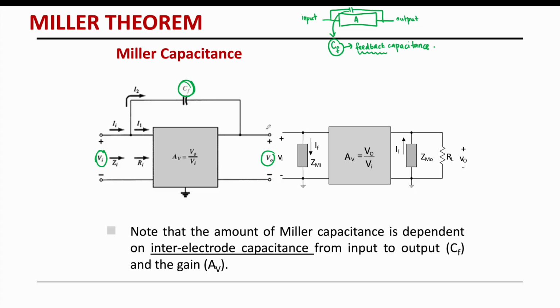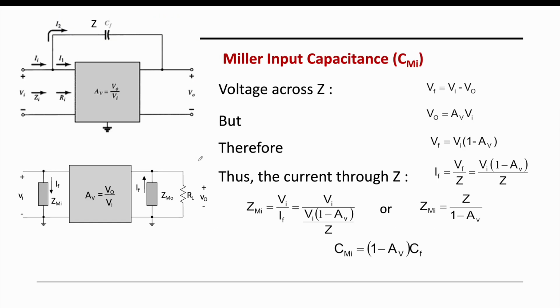So at the input node, the effect of the capacitance calculated at the input node is known as CMI. What is CMI?